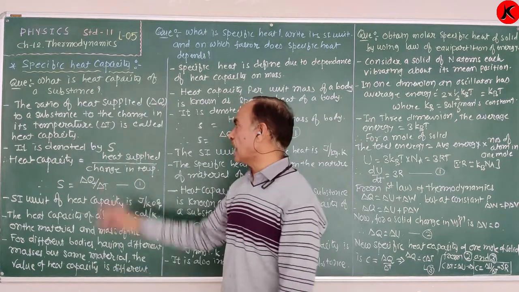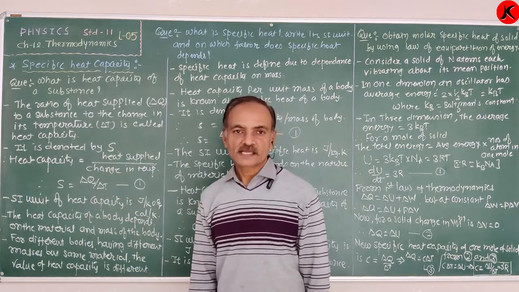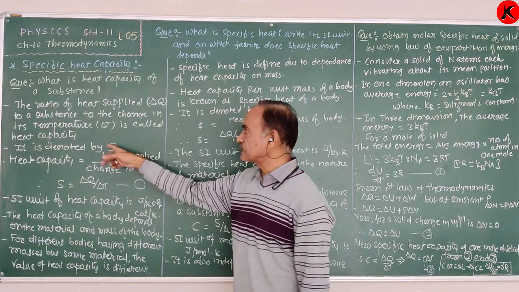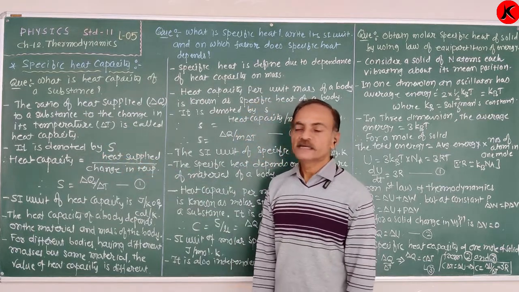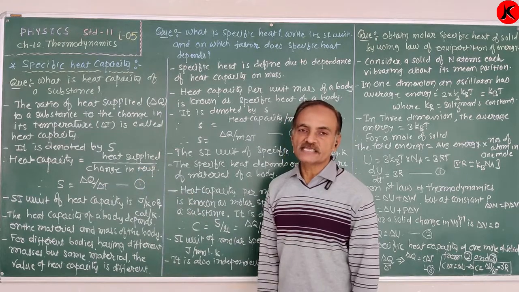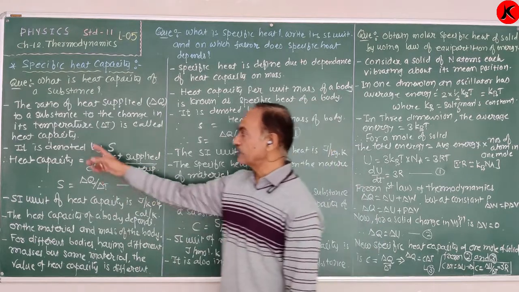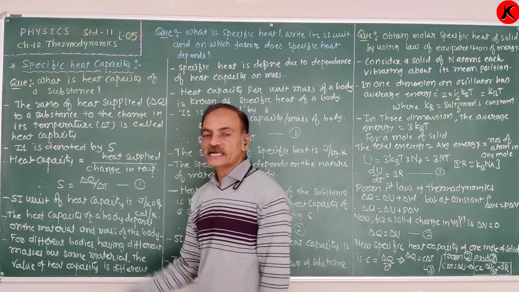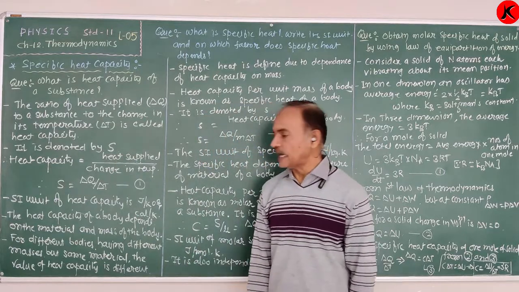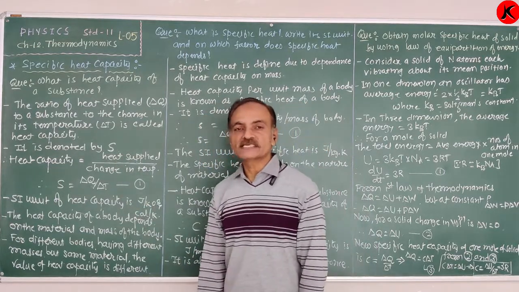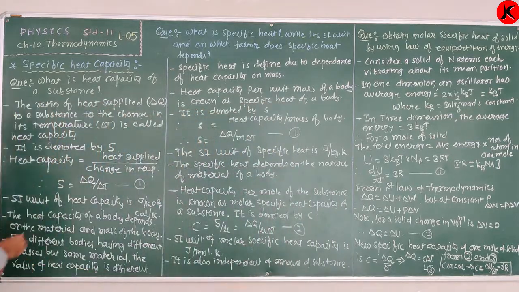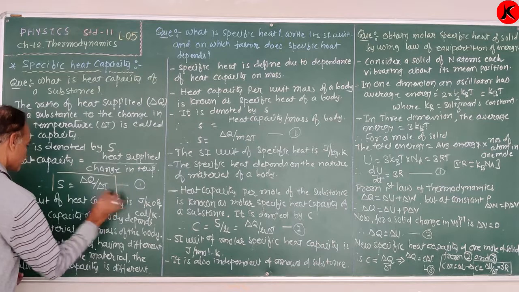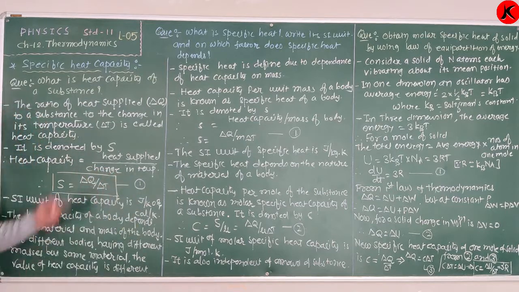It is denoted by capital S. From definition, the heat capacity is equal to heat supplied to the change in temperature. Therefore, capital S is equal to delta Q, the amount of heat supplied, upon delta T, the change in temperature. This is the equation of heat capacity.